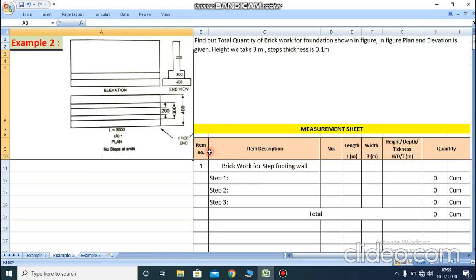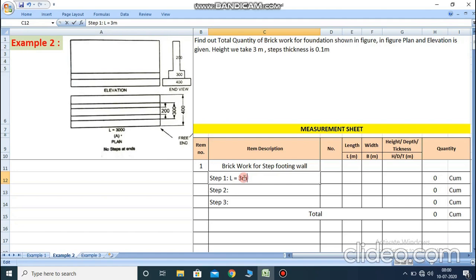So here first we start from the bottom of the brickwork. So here see this cursor. From the bottom of the brickwork, 400 mm width and total length is 3000 mm and thickness we take 0.1 meter. So first, step 1, length L is equal to 3000 mm, meaning 3 meter.